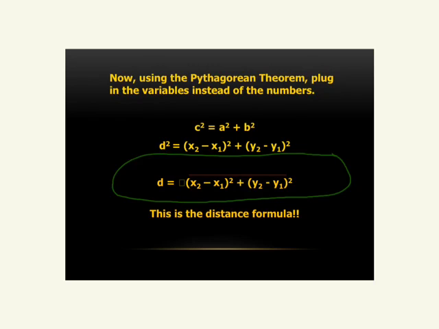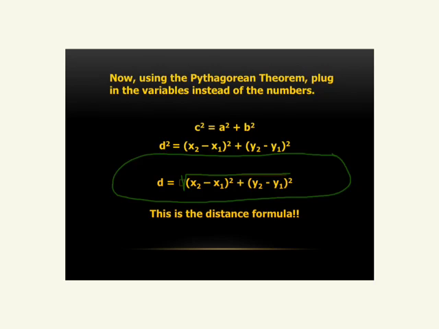The distance formula basically just says if you want to find the distance between 2 points, you take the square root of x2 minus x1 squared plus y2 minus y1 squared. So the distance formula is really quite simple. It's the square root of the difference in your x values squared plus the difference in your y values squared.